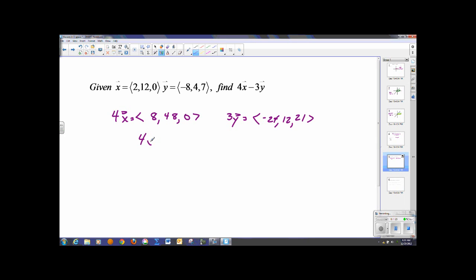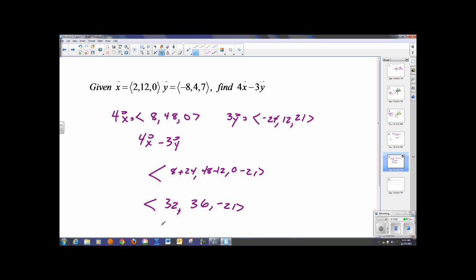So if I go 4x minus 3y, that's going to be represented by the following vector of 8 plus 24, 48 minus 12, and 0 minus 21, which gives me 32, 36, and negative 21.